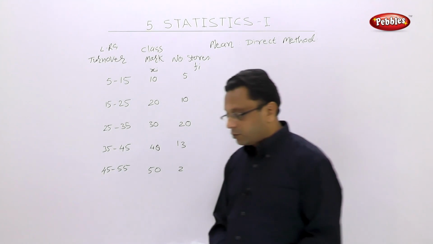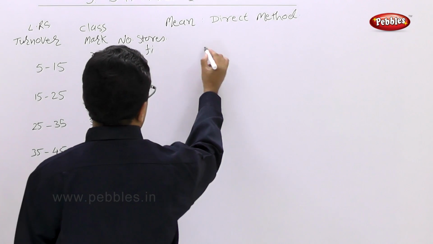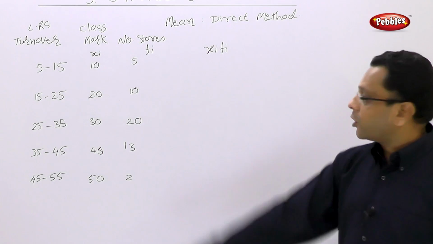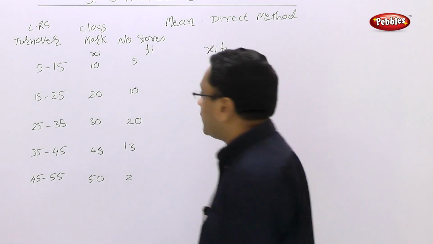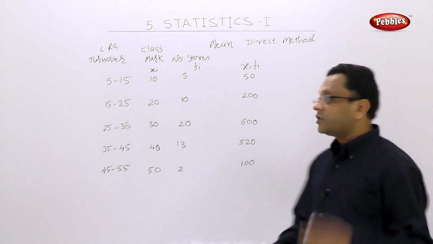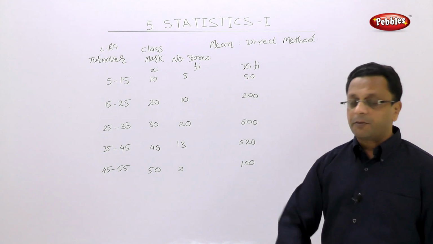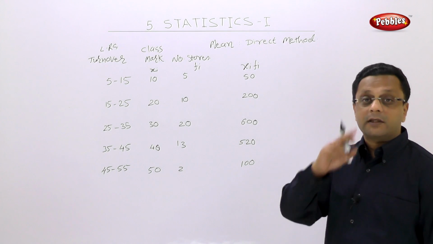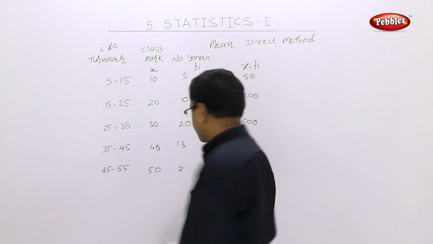Now the second step is we have to find out the product of fi and xi, the product of these two terms. Let us find it out quickly. So this is your second step. The third step is we have to find out the summation, the sum of fi and fi xi.